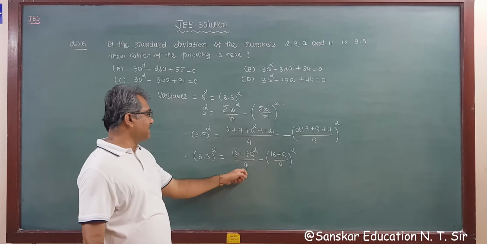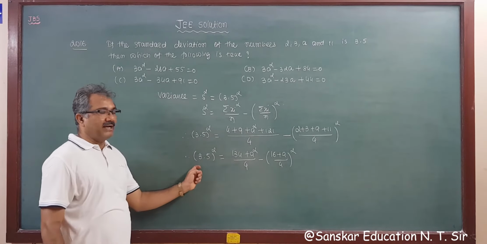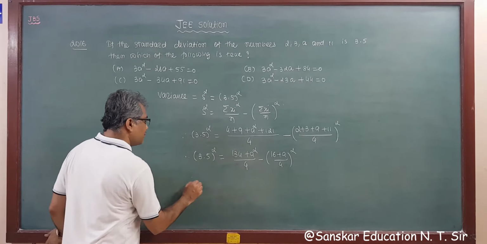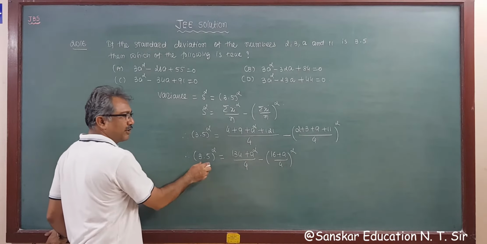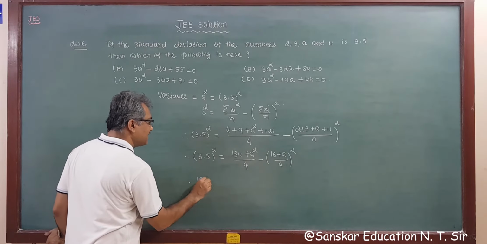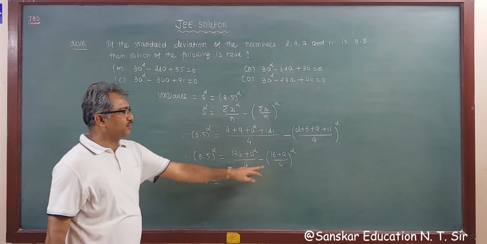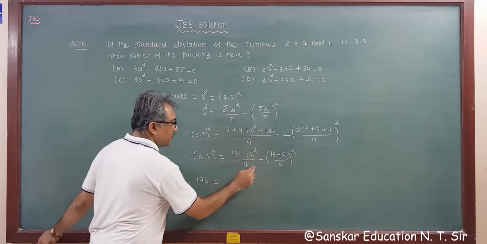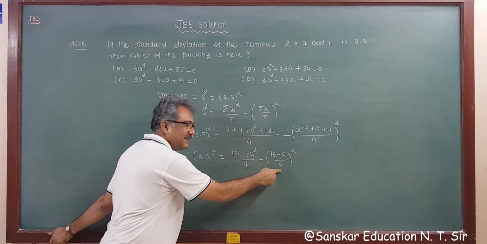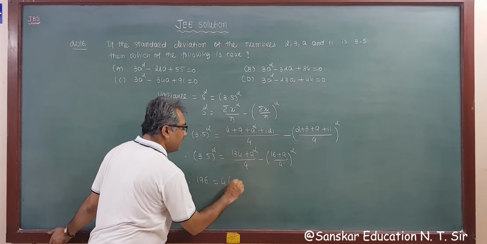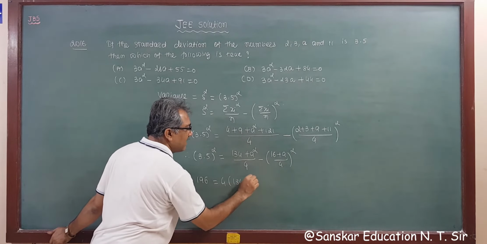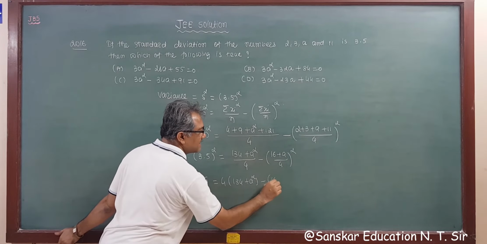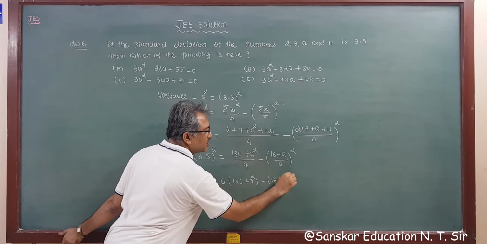Taking LCM 16: 16 into 3.5 square gives 196, and we have to multiply by 4 here because we are taking 4 square, that is 16 LCM. So 196 is equal to 4 into 134 plus a square, minus 16 plus a whole square.